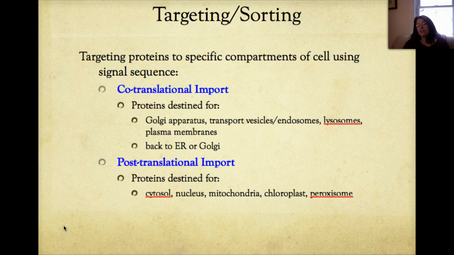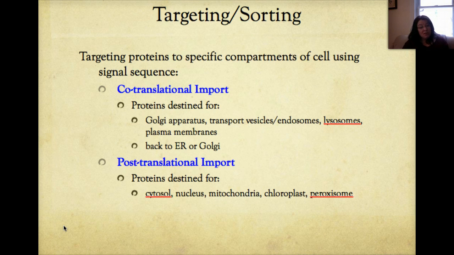Now we're going to break this part of this material into two sections. We're going to talk about co-translational import and post-translational import. That term import refers to moving the protein into, or importing into, some other structure in the cell.